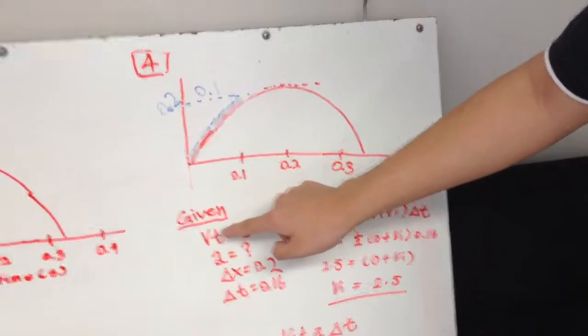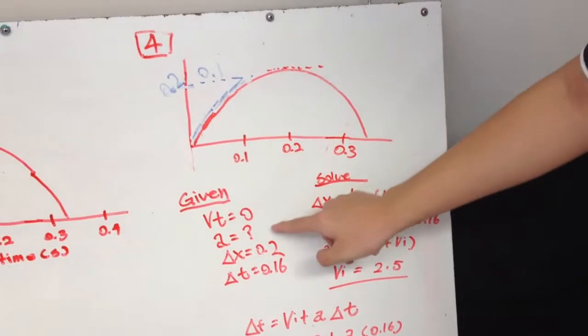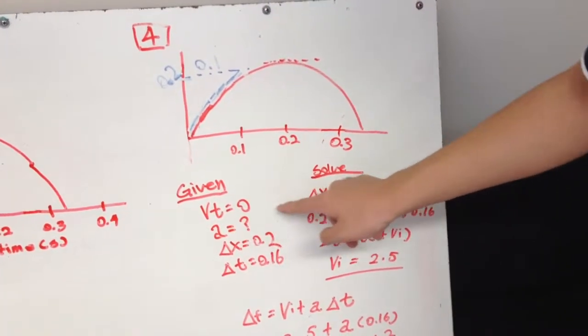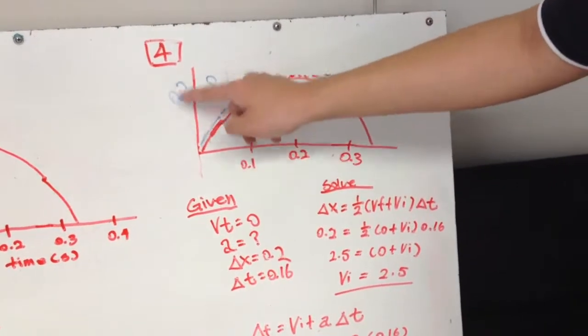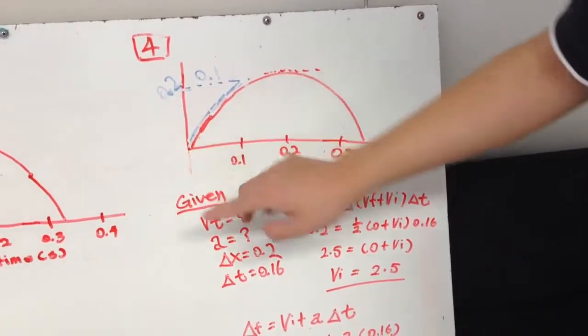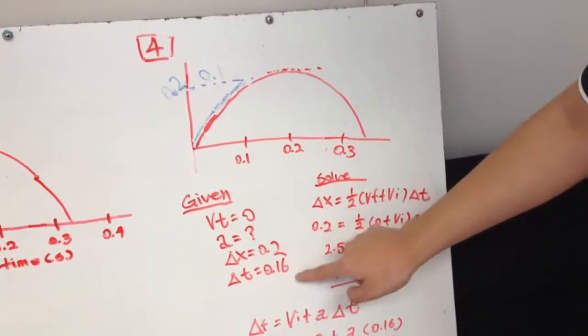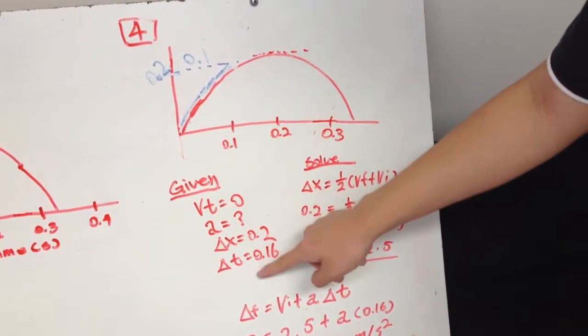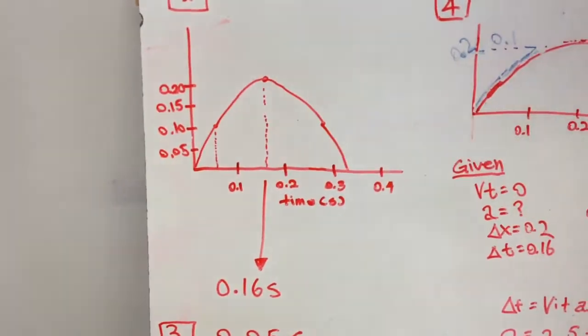So basically we have vf at 0, and then acceleration is what we're looking for. The change in x is the position, so 0.2 minus 0 would still be 0.2 meters, and then the change in time would be 0.16 as in the previous graph, because that's the max. That's the relative maximum.